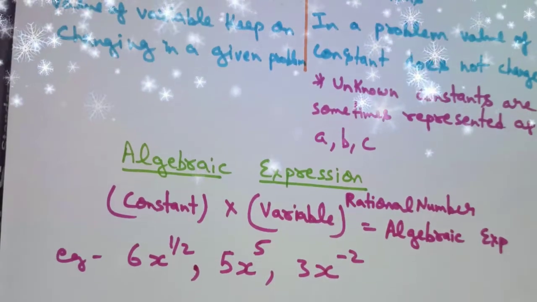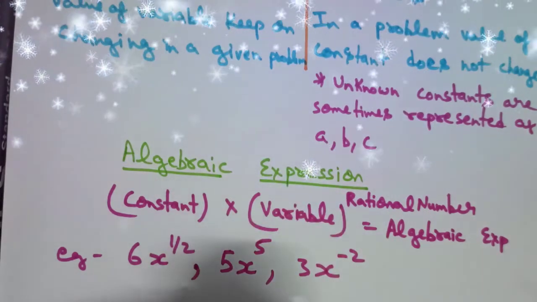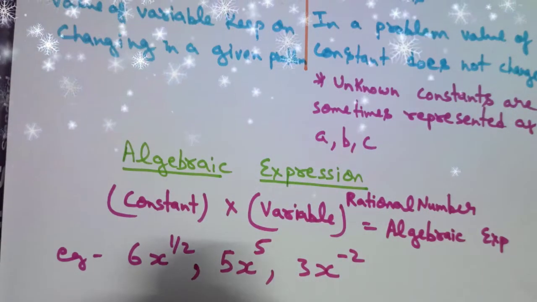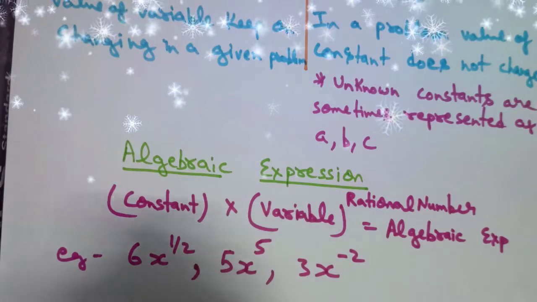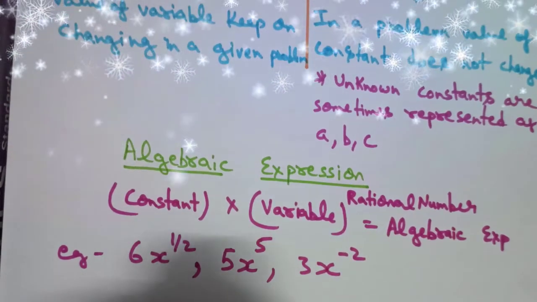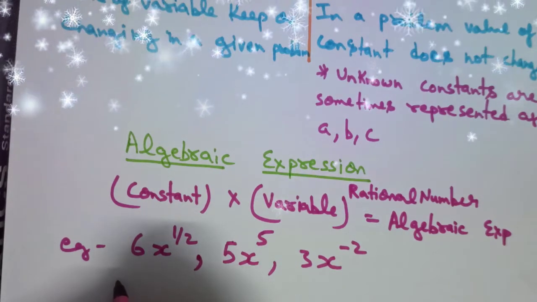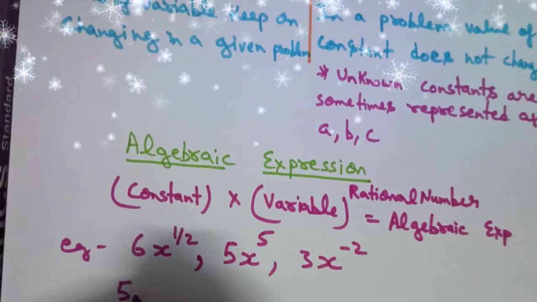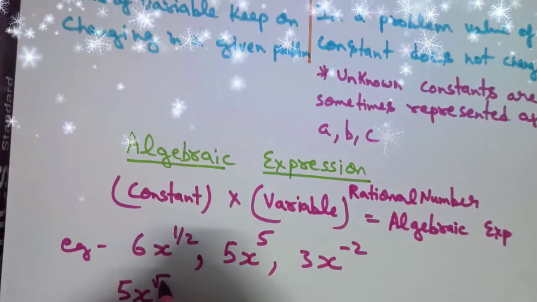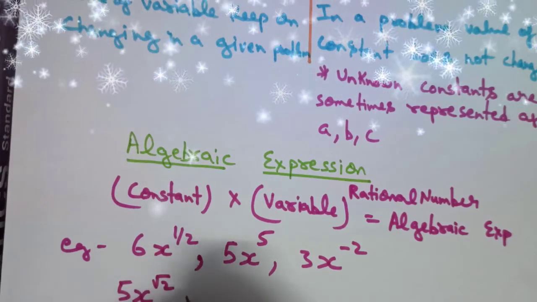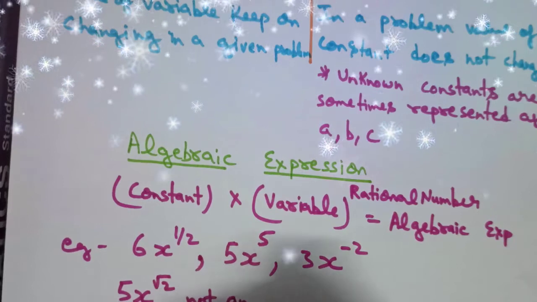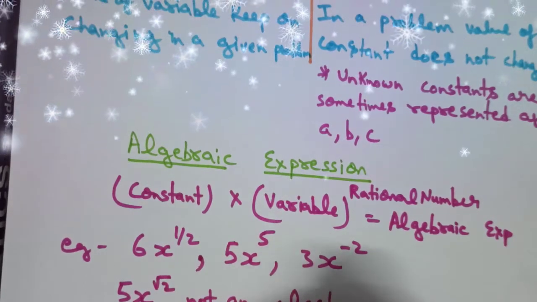Now, which is not an algebraic expression? If the power is not a rational number, if the power is irrational, then we can say it is not an algebraic expression. For example, 5x raised to the power root 2 is not an algebraic expression. Why?